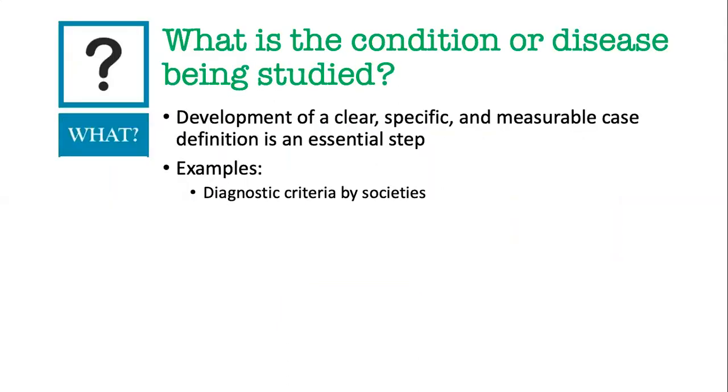In the what, we answer what is the condition or disease being studied. Here, we develop a clear, specific, and measurable case definition, which is an essential step in creating a descriptive study. These are diagnostic criteria by certain societies.